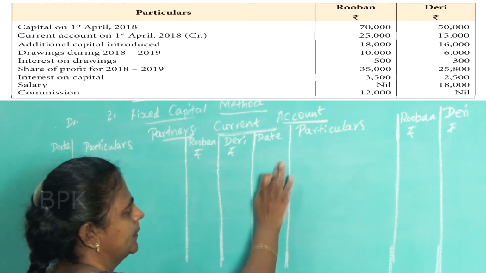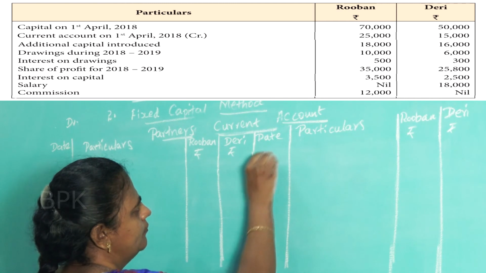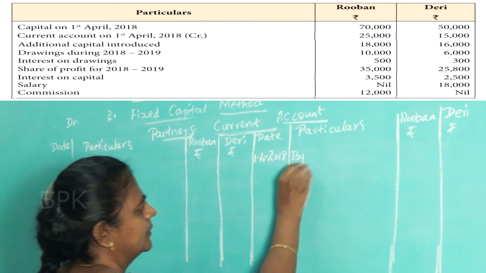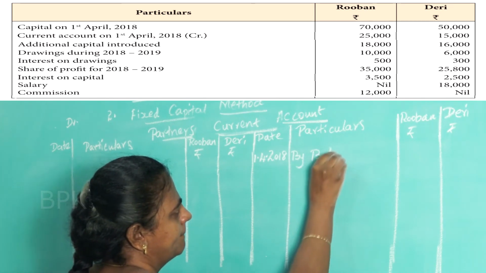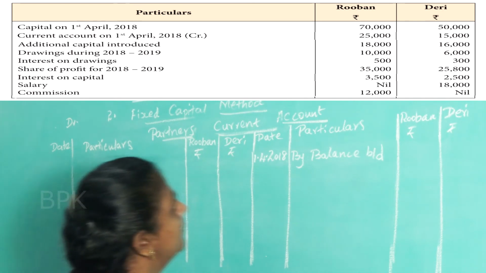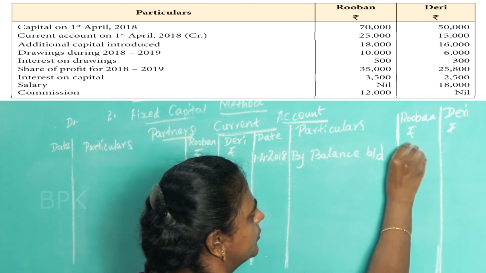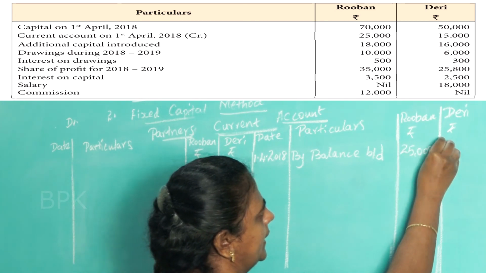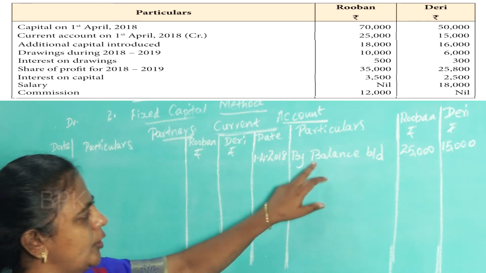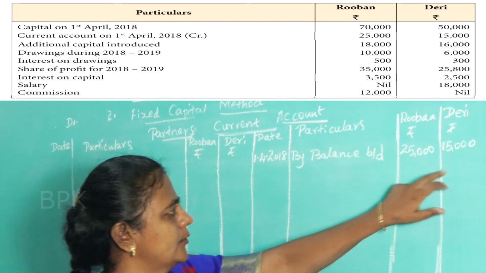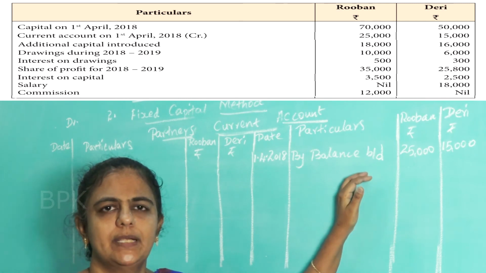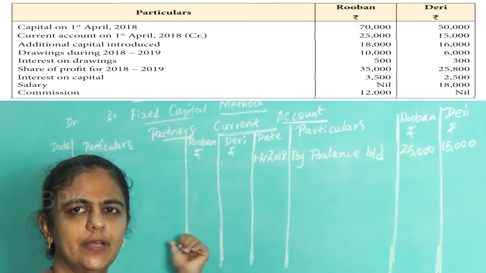What is the opening balance? 1/4/2018 by balance brought down. So for current account, the balance is 25,000 and 15,000. Since it is given as credit, CR, I have written on the credit side. Sometimes it will be given debit or DR, then you have to put it on the debit side.